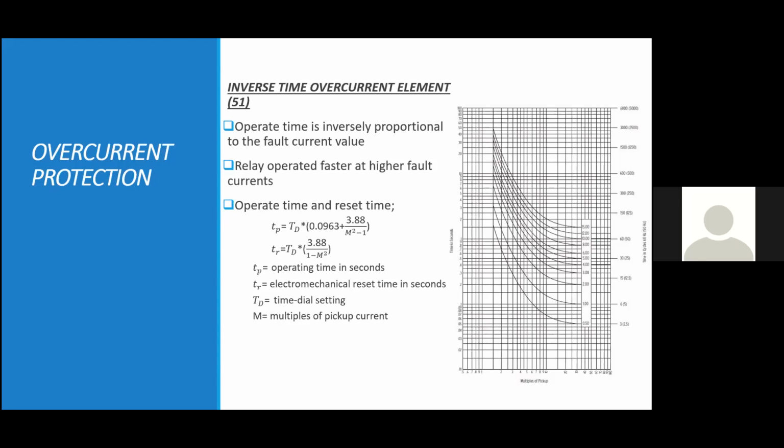And on your right side, you can see how the relay operation time changes with the multiples of pickup. If you start off at the multiples of pickup value of 2, the relay operation time is the largest or the highest. And if you see at the very end, at the 40th multiple of pickup, the operate time for the relay is the least.